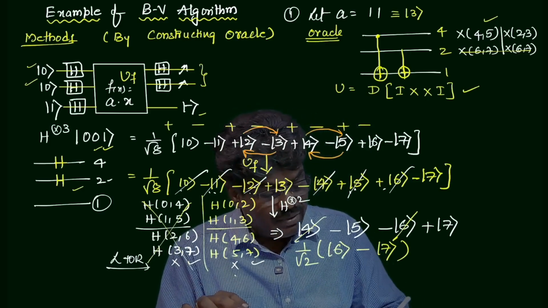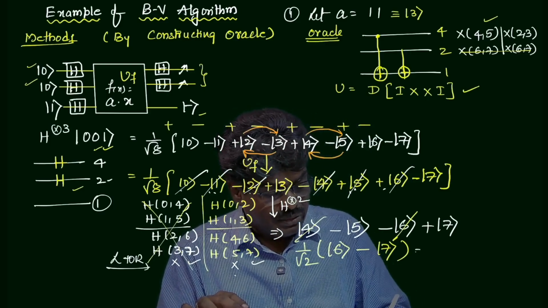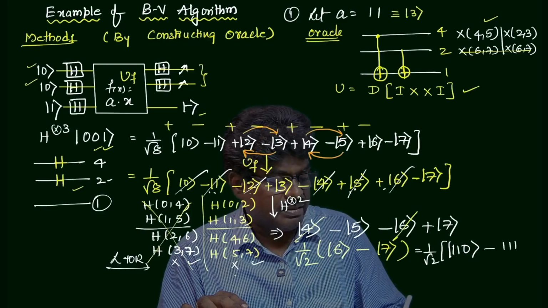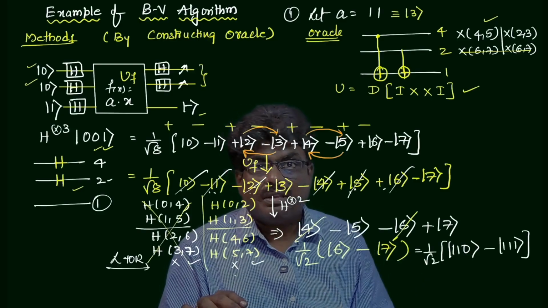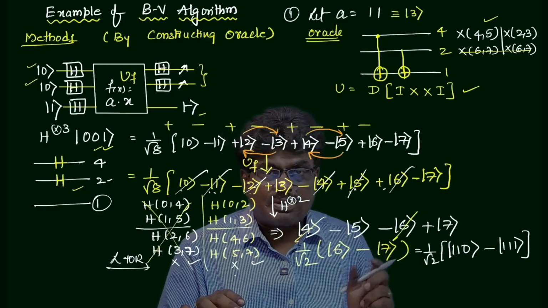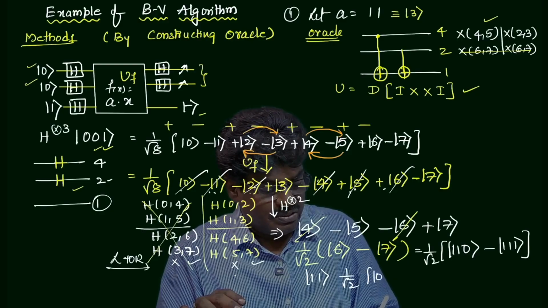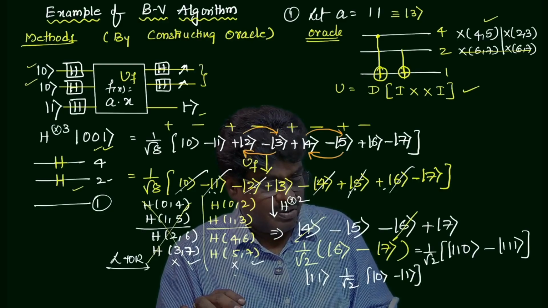And now I am converting into binary notation. So this is nothing but 1 over root 2, 110 minus a triple 1. I can take out that common first 2 qubits, so that is 1 1, 1 over root 2, so that is 0 minus 1. I hope you understand now.